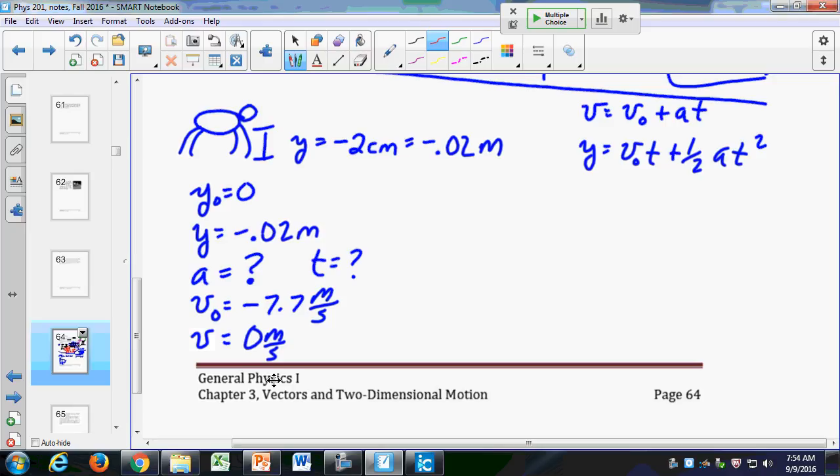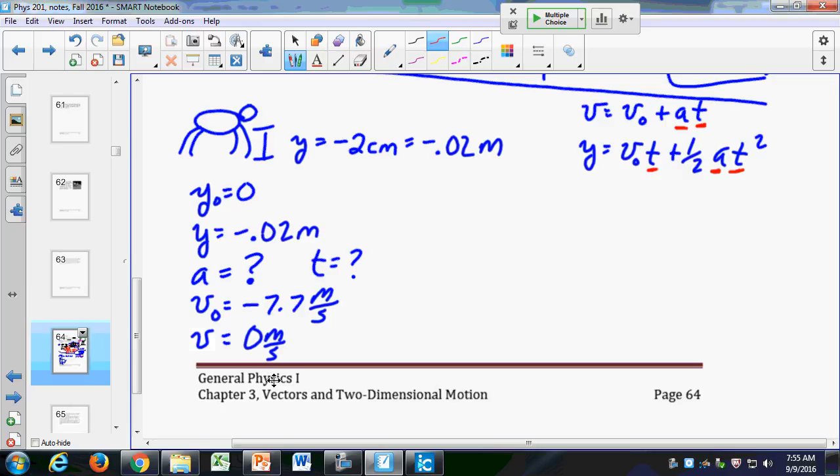I don't know A and I don't know T. So what you want to do is to solve one equation and then substitute it into the other equation. You've solved systems of equations before. I know that you have. It might have been a while, but you need to get practice on this right now. Your algebra needs to be not rusty.